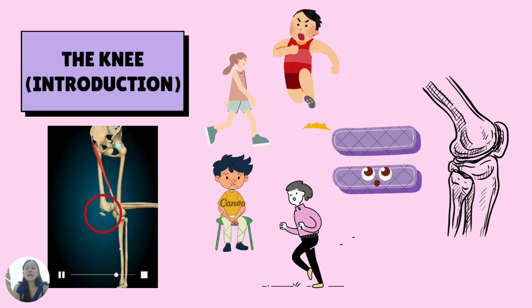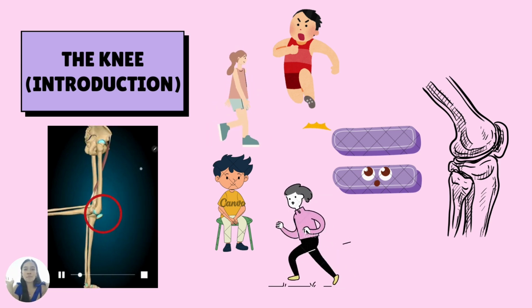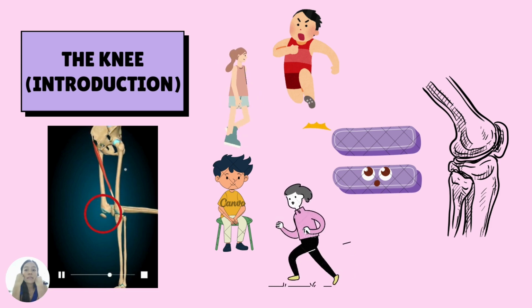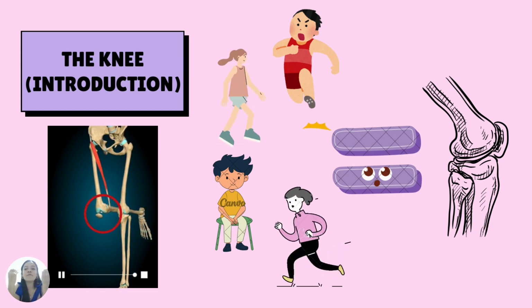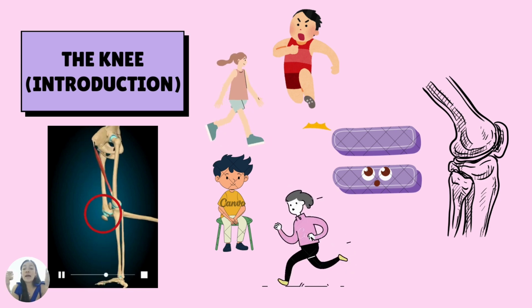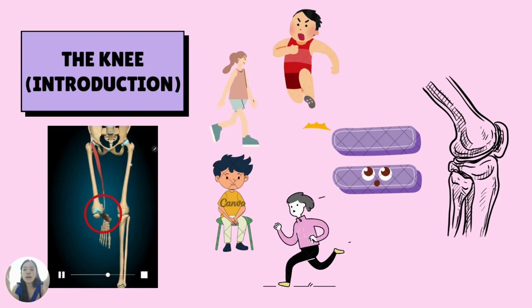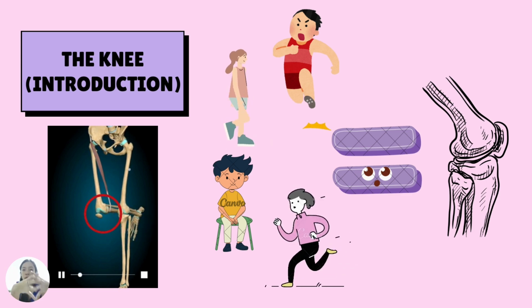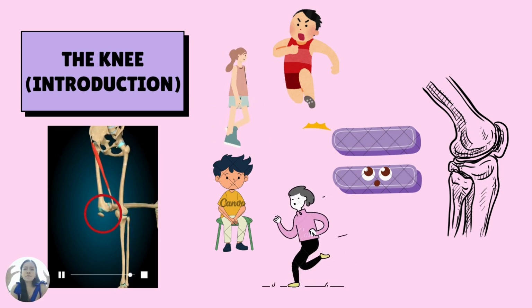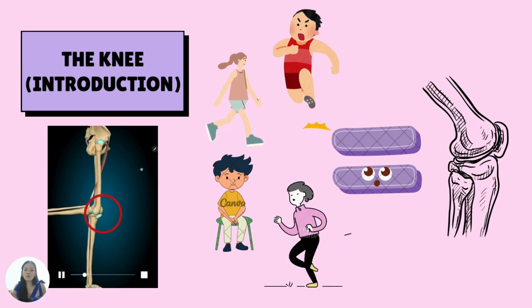Although it may look simple on the outside, the knee is a powerhouse made of bones, ligaments, tendons, muscles, nerves, blood vessels, and also synovial structures that all work together in perfect coordination and make our different movements possible.